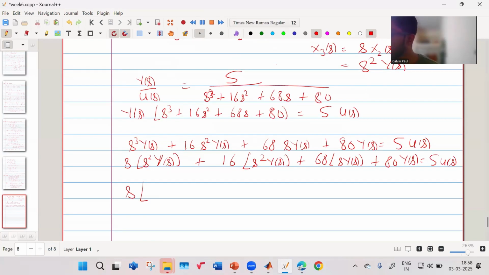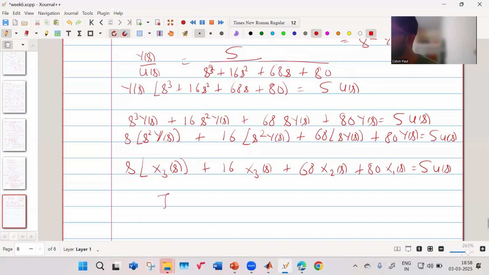So this is s into x3 of s, plus 16 into x3 of s plus 68 into x2 of s plus 80 into x1 of s is equal to 5 into u of s.